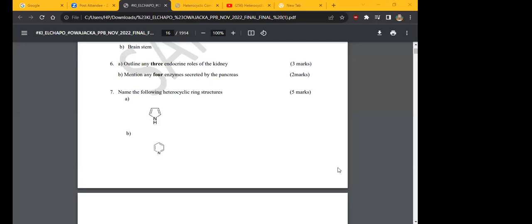Can you see my screen? Can you see my screen? Yeah, we can try and name this together.